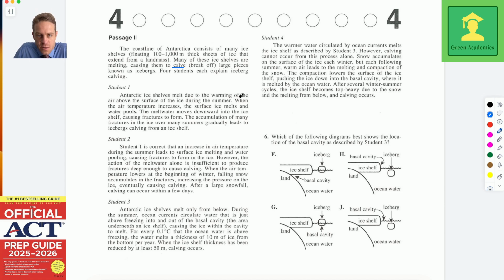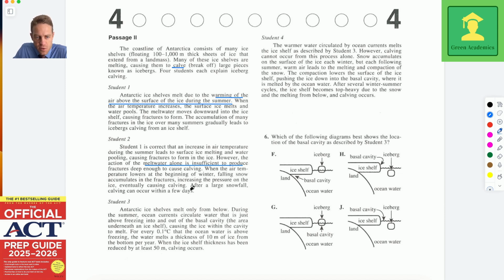Antarctic ice shelves melt due to warming of the air above the surface of the ice during the summer. So I'm going to highlight the main idea. They melt because of that. And then I'm going to jump to the next student. Student 2 is correct that an increase in air temperature during the summer leads to surface ice melting and water pooling, causing fractures to form in the ice. However, the action of the melt water alone is insufficient to produce fractures deep enough to cause calving.